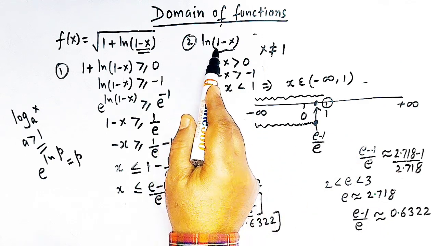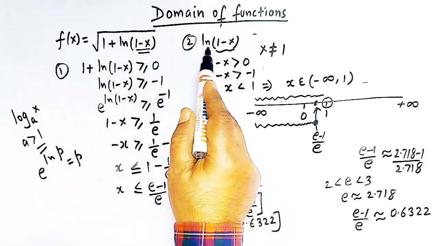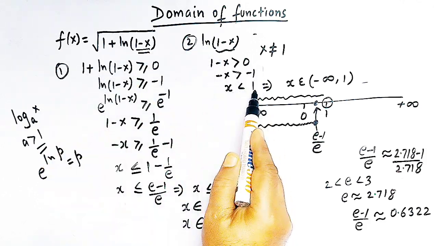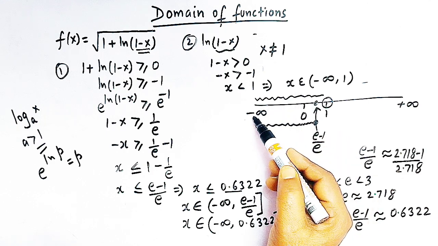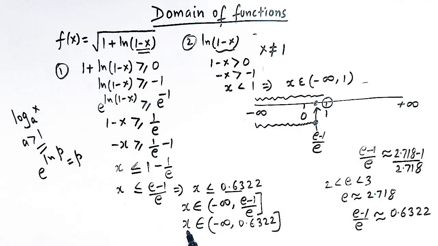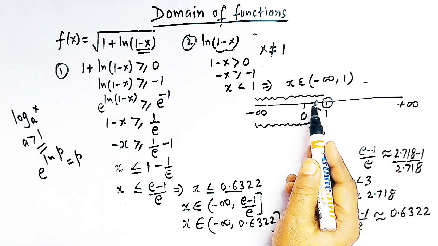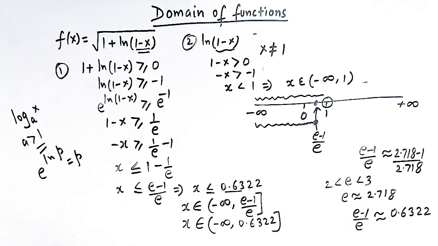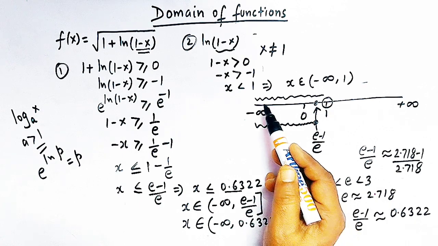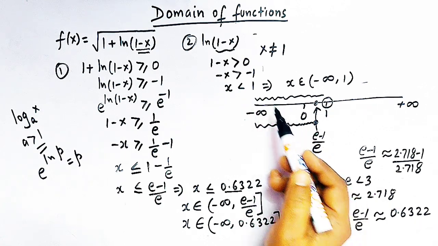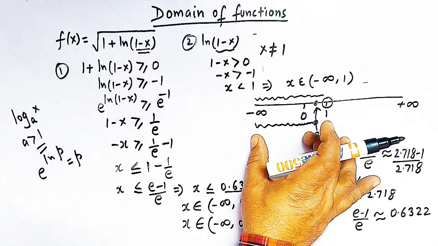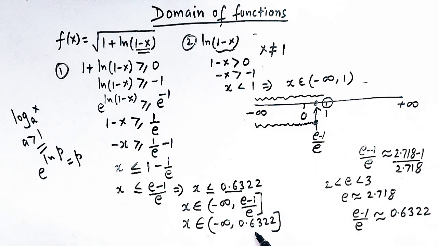So here we have the solution of two inequalities, that is x less than 1 is given by minus infinity to 1, and x less than or equal to e minus 1 over e is given by minus infinity to 0.6322. So now let us find out the common region, right? So now we have to identify the common region between these two intervals, that is from minus infinity to 1 and minus infinity to 0.6322.